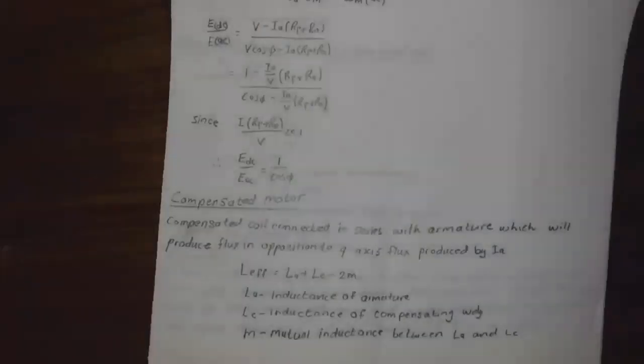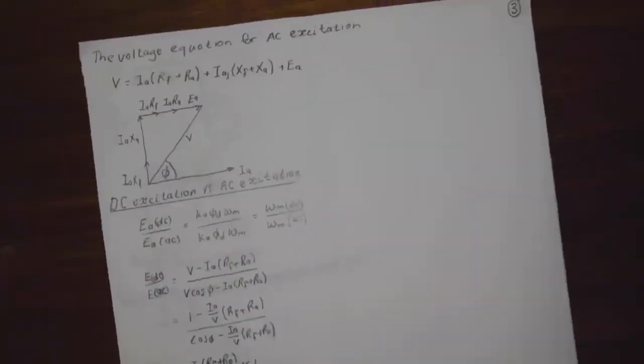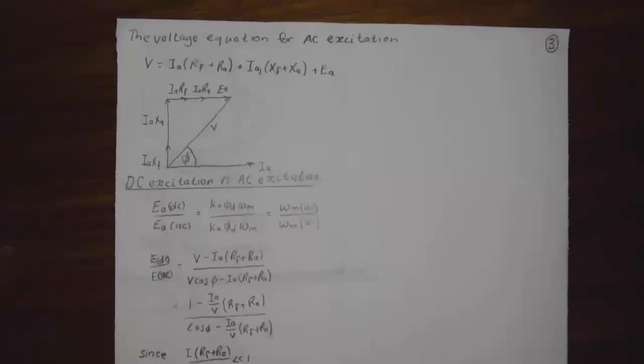Okay, now we can look at the phasor diagram. For AC excitation, V is IA times (RF plus RA) plus I J, which is perpendicular to IA, times (XF plus XA), plus EA.